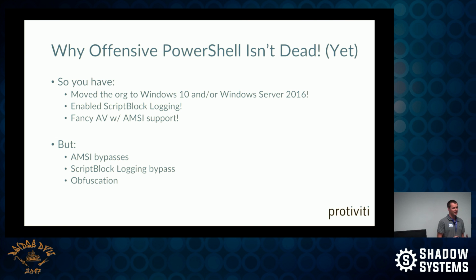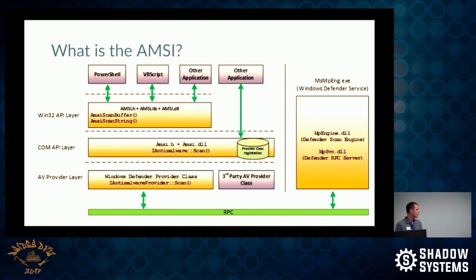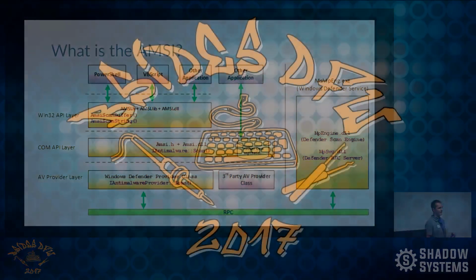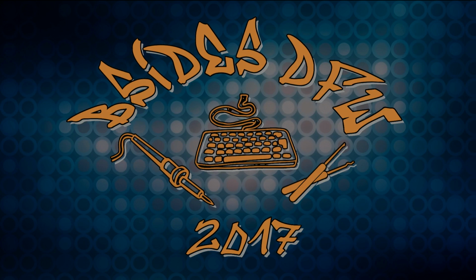So as an attacker, most of the time we're going to be able to bypass the AMSI, but let's talk about how the AMSI actually works if it's not bypassed. This is a nice diagram provided to us by Microsoft of how they envision the AMSI working.